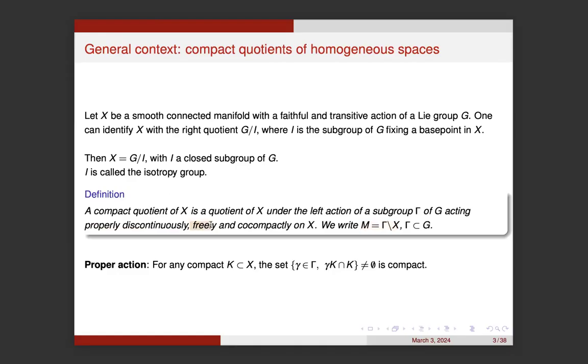Freely means that it acts without fixed points, and properly is the condition I wrote here: for any compact subset of X, this set is compact inside J. And if gamma is discrete, in fact, properly means that this set is finite. Co-compactly means that the quotient is compact.